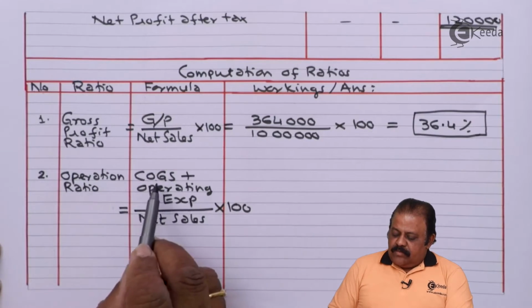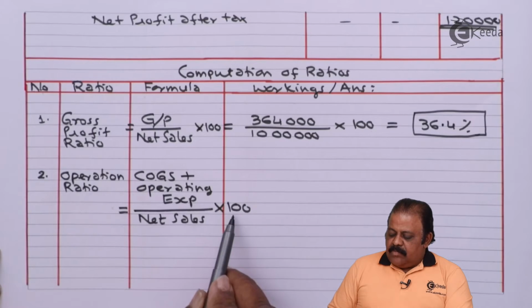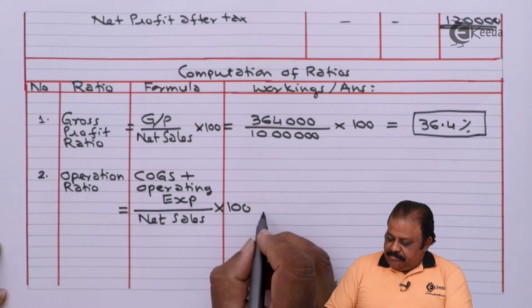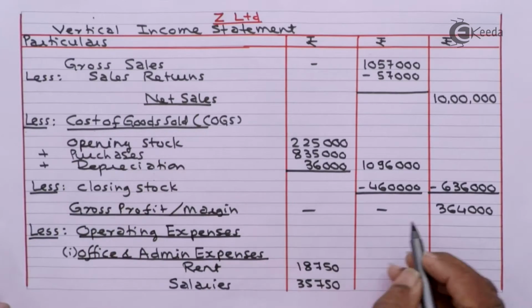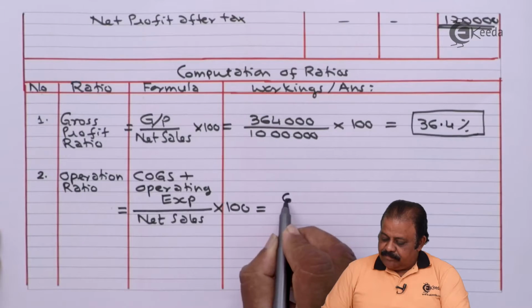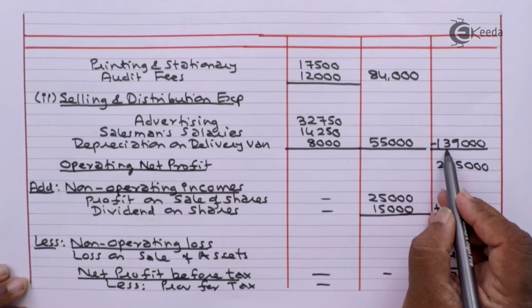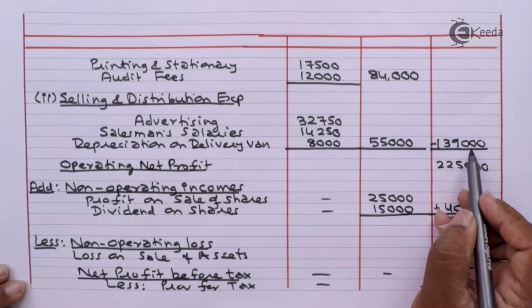Next we have operating ratio. Formula is cost of goods sold plus operating expenses divided by net sales multiplied by 100. Cost of goods sold we have 6,36,000. Total operating expenses we have 1,39,000.